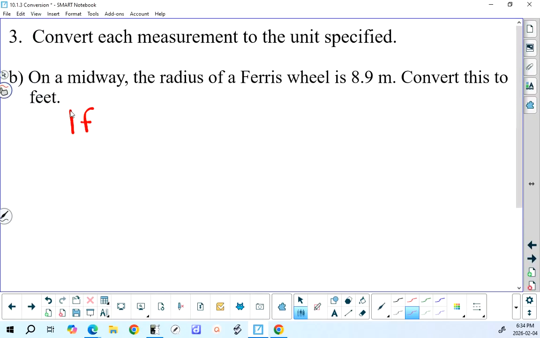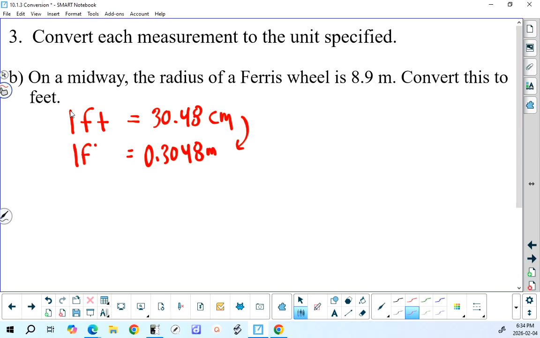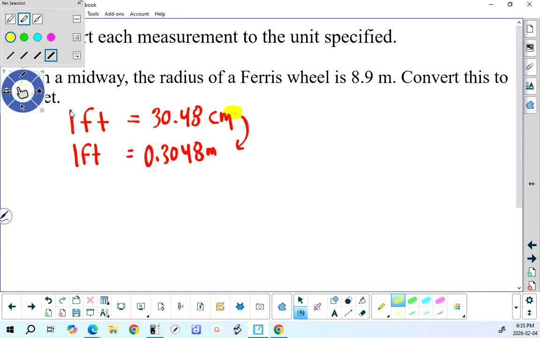We know 1 foot is 30.48 centimeters. Well, that's 0.3048 meters. And again, like taking candy from a baby, I hope, to go from centimeters to meters. So what we've done, just to make sure you understand, is we've taken this thing off of our formula sheet and we've changed it to something that's not on our formula sheet that's helpful for us.